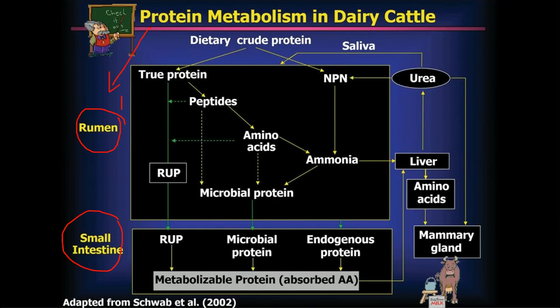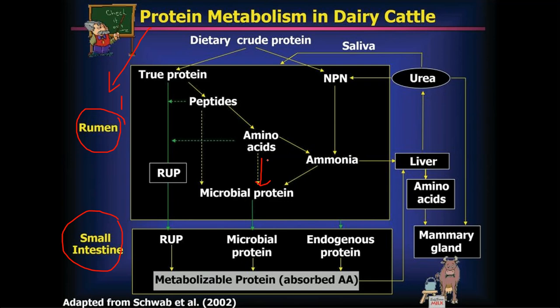Then the saliva is mixed with the dietary crude protein. It is converted to true protein, especially when it is engulfed and saliva is mixed. Then true protein is acted on by peptidases and converted to amino acids. Then it becomes the substrate for the microbial protein.